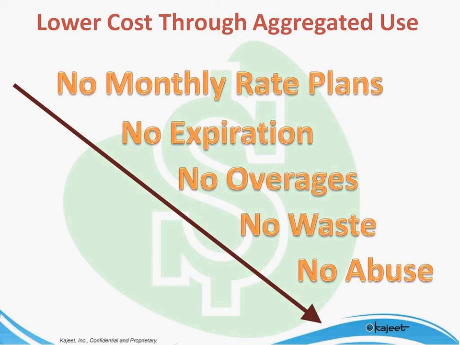So if it goes unused, for example, if a device is checked out to a student and then gets checked back in and sits on the media center shelf for 3 months, that device will incur no cost. In addition to no expiration of bandwidth, we have no overages, and the policies themselves help prevent waste, fraud, and abuse. So you have the ability to buy exactly the amount of bandwidth that you forecast you'll need for students across the year, and heavy and light users will tend to balance each other out. And the data will be yours forever until it's used in a way that is accountable back to you by the policy.